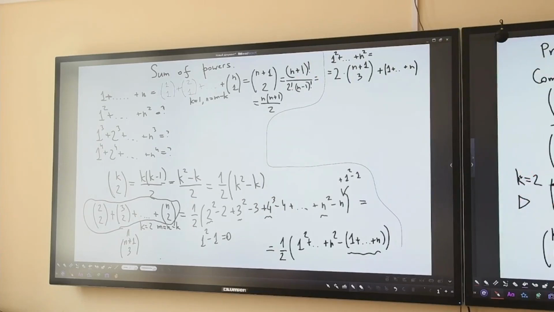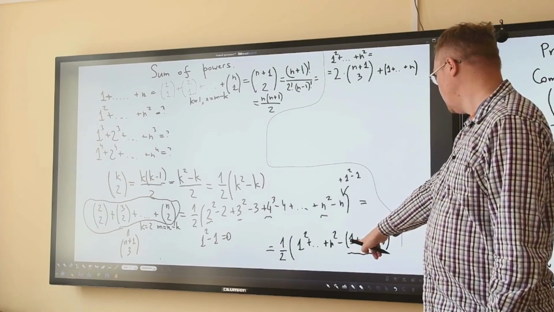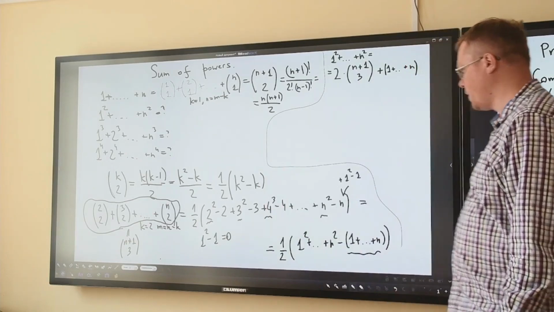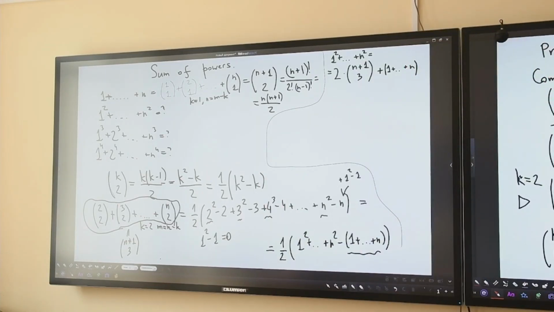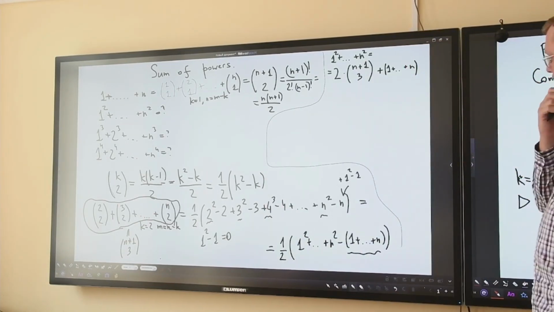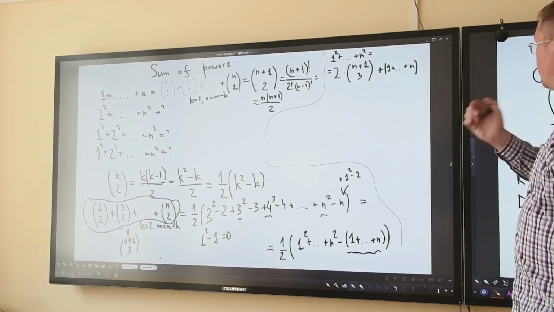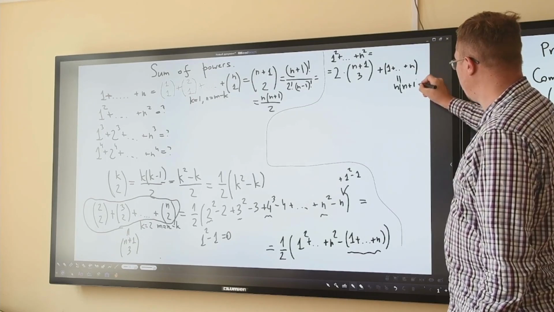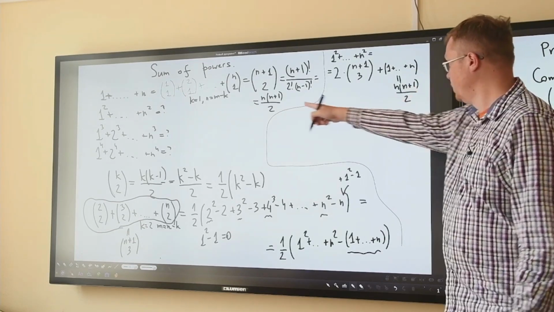So maybe I made a mistake. I moved 1 plus etc. plus n to the left-hand side and multiplied all parts by 2. For this we have the formula n times n plus 1 over 2.